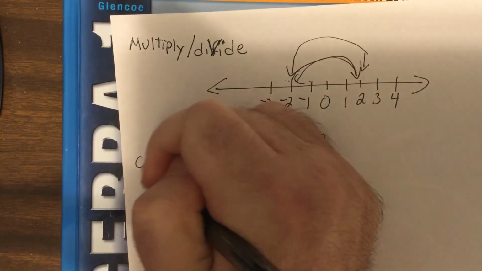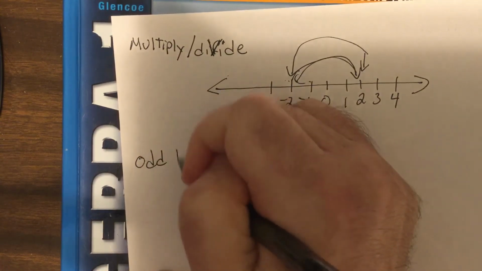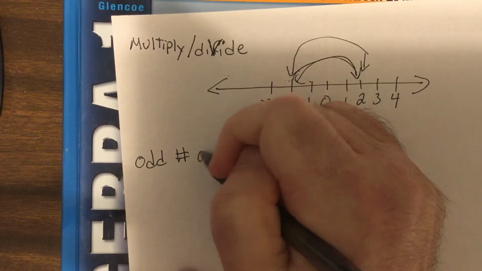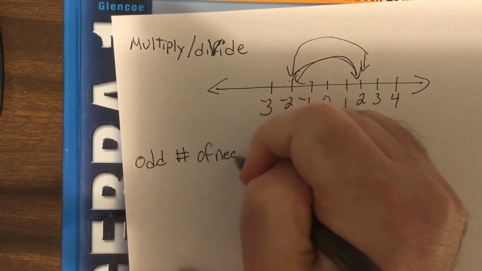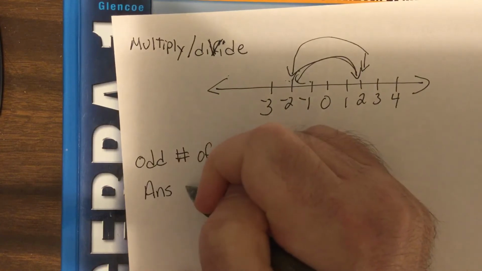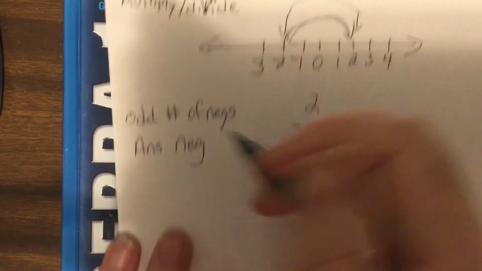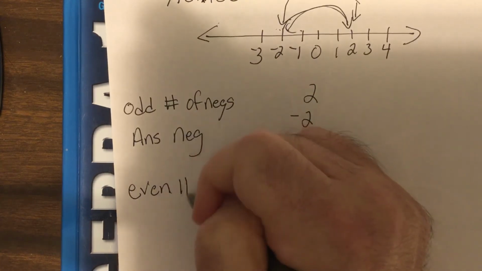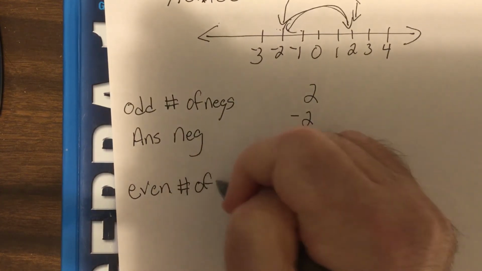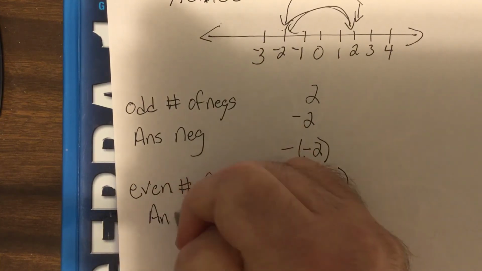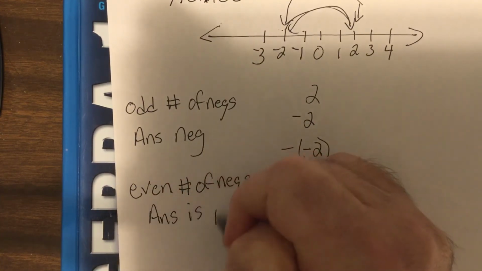So an odd number of negatives, the answer's negative when you're multiplying or dividing. And if you have an even number of negatives, the answer is positive.